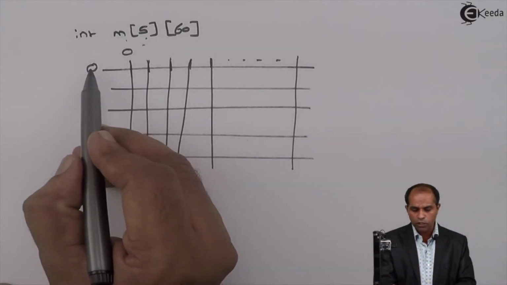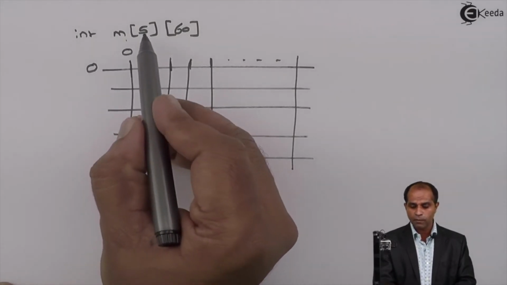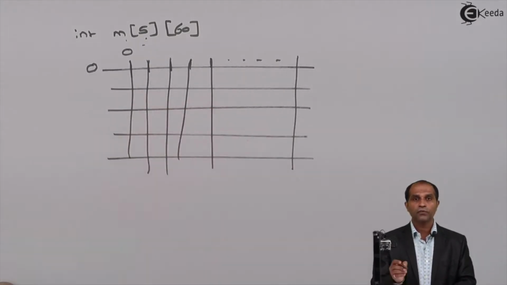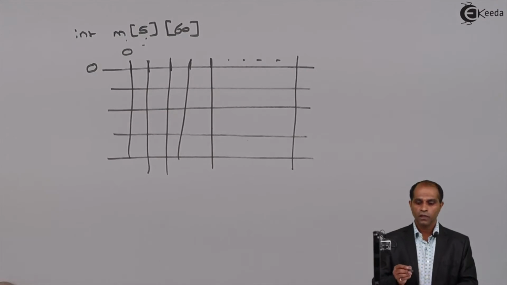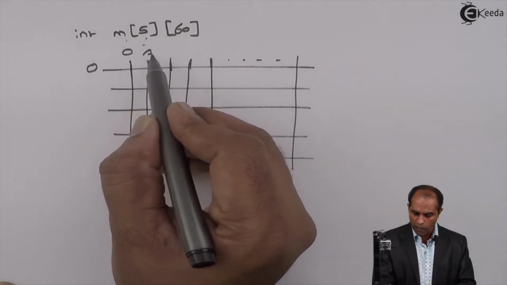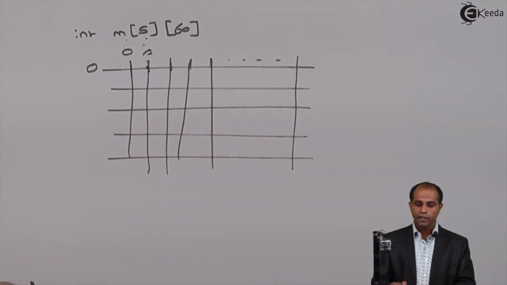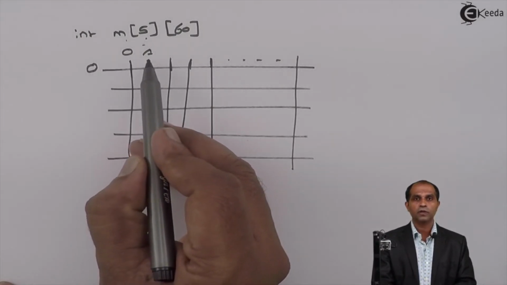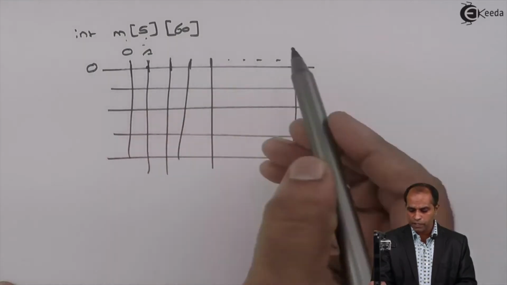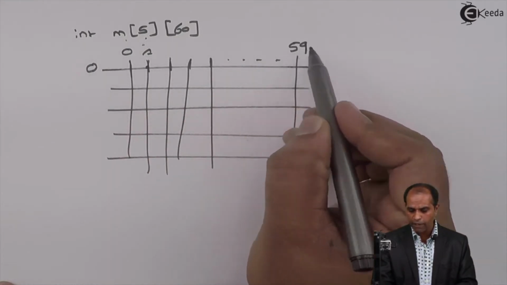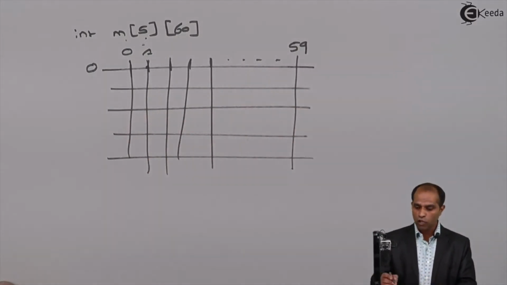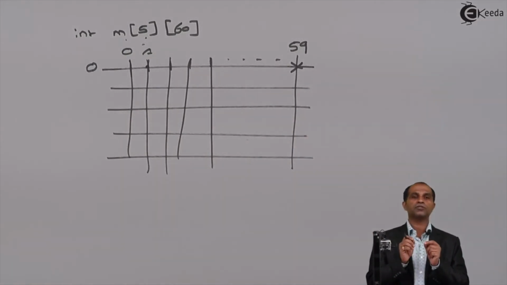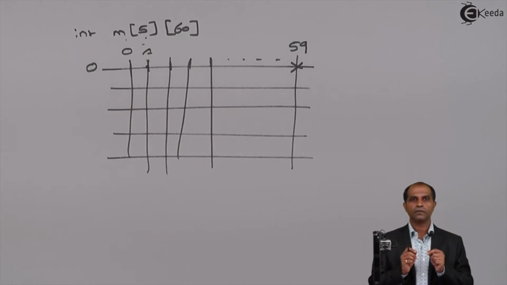So when the row is 0, it means this is the marks for the first student, first class. Now m of 0, 1, the second location, indicates the marks of the first class, second student. If it is 60, then the last column will have the identification number 59. So m of 0, 59 indicates the marks of the 60th student of the first class.